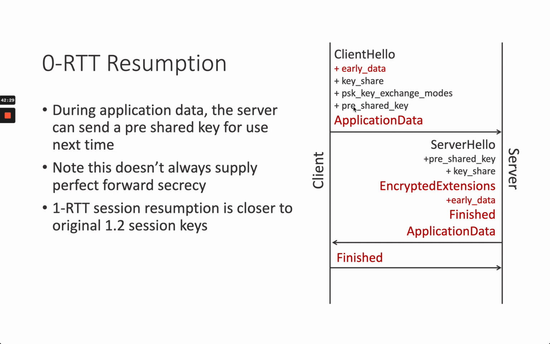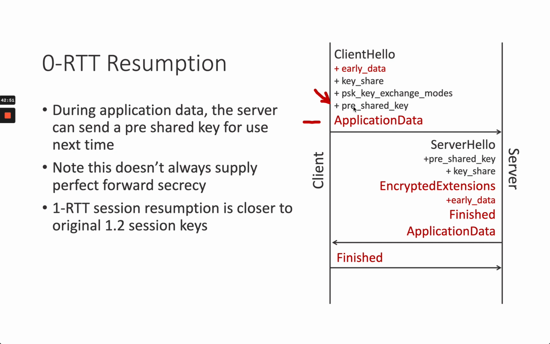suppose the server has sent me some kind of pre-shared key material, right, during any conversation a little while ago, I can send that pre-shared key information here as part of my client hello and immediately encrypt application data with it. So this application data here is encrypted using the pre-shared key, which the server can then decrypt.